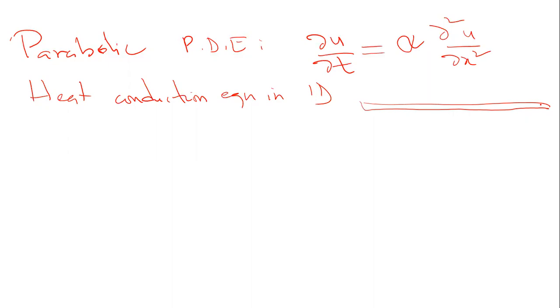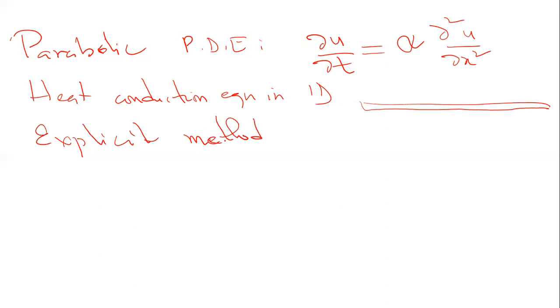Now, here we are going to use what is called the explicit method. There are other methods like the implicit method, but we will skip that. That is not as simple as this explicit method, so studying the explicit method is quite sufficient. This is the most commonly used one.